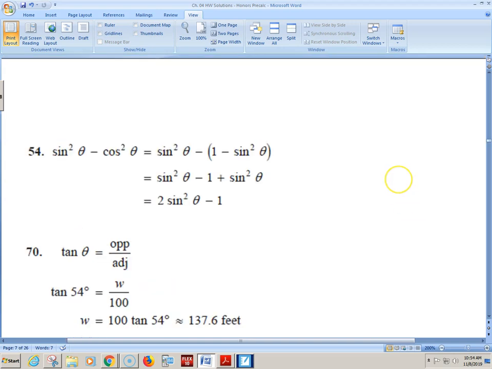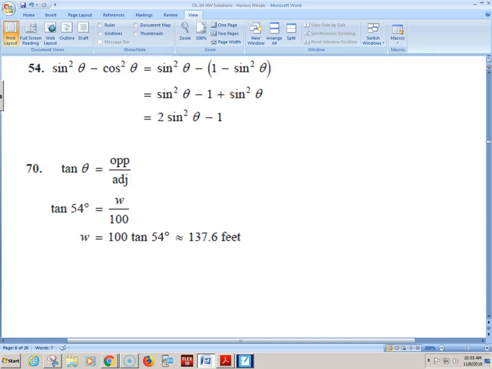These guys were the ones where it was 54. You were trying to make it match. So the way to make it match was to look at the other side and say, he doesn't have cosine squared. Oh wait, cosine squared can be a rearrangement of one of those properties. I can plug it in and simplify. Kind of had to be strategic on that one.